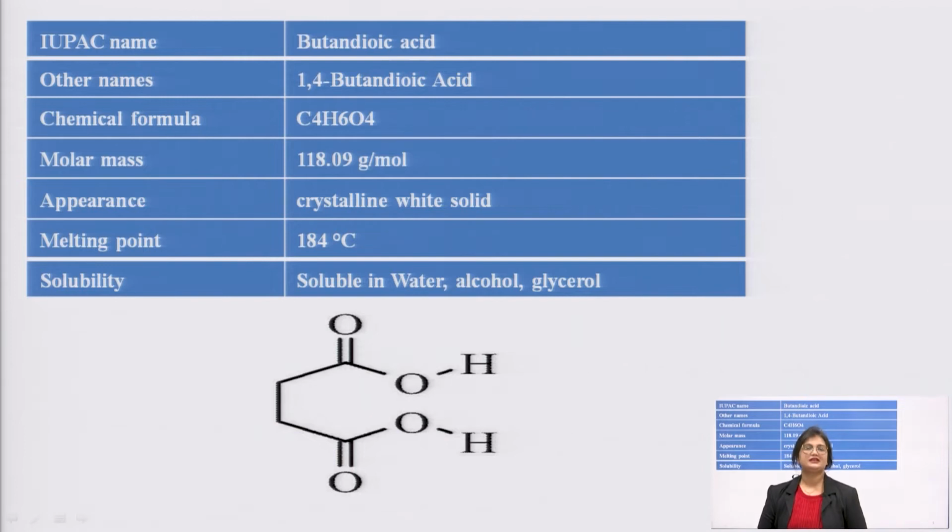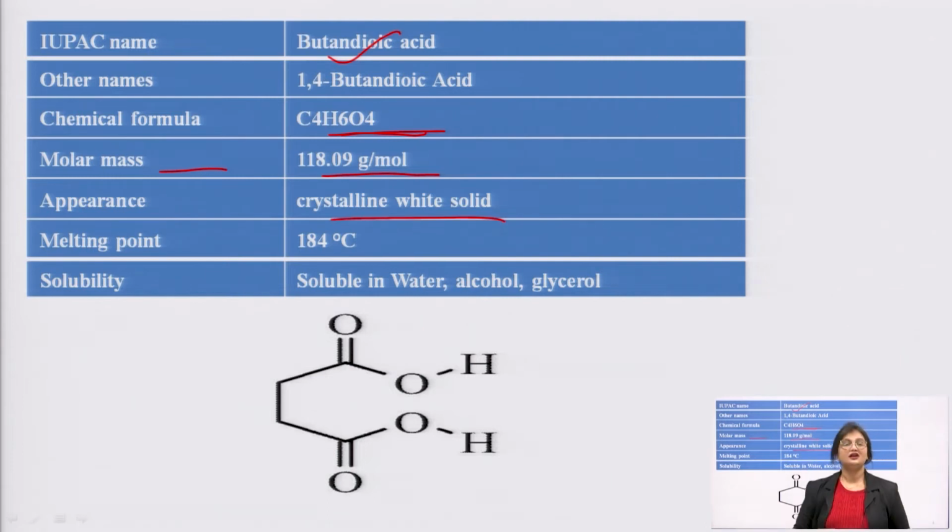The IUPAC name of succinic acid is butanedioic acid. It is also known as 1,4-butanedioic acid. It has a chemical formula of C4H6O4 and a molar mass of 118.09 gram per mole.